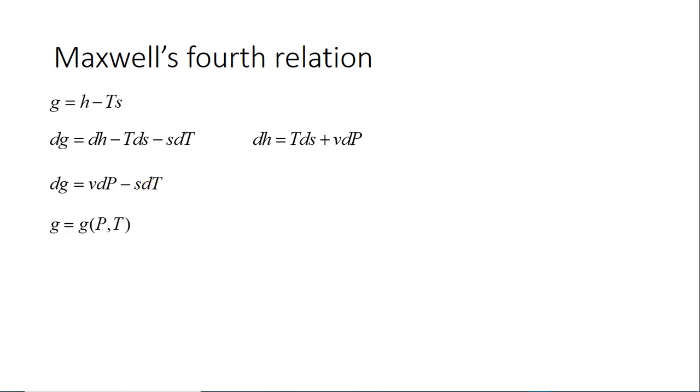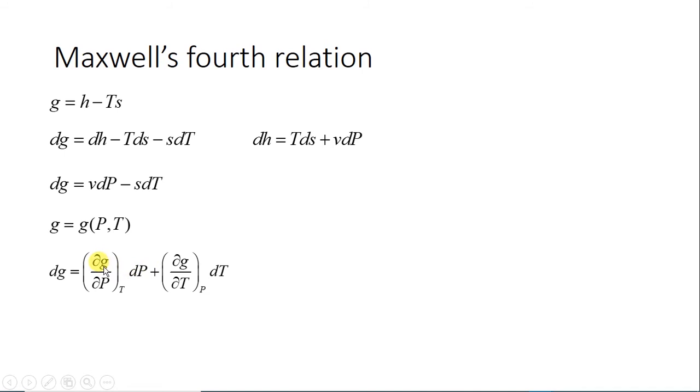Now I can write that Gibbs function is function of pressure and temperature. Differentiate this, dG equal to dou G by dou P when temperature is constant dP plus dou G by dou T when pressure is held constant dT.